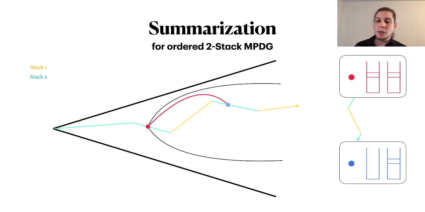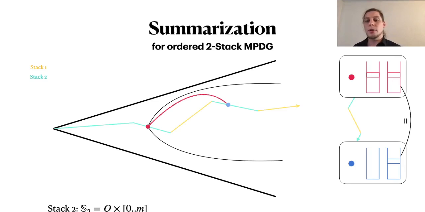The configuration, okay, the second stack must be equal because we have a push-pop pair, and as we just said, thanks to the orderedness restriction, it must be that the first stack must be empty. And we have seen before that the state is part of the summary, and the priority also is part of the summary.